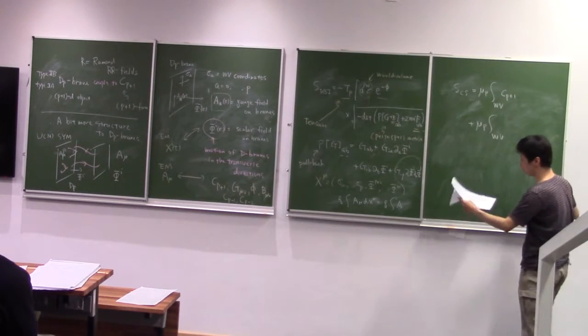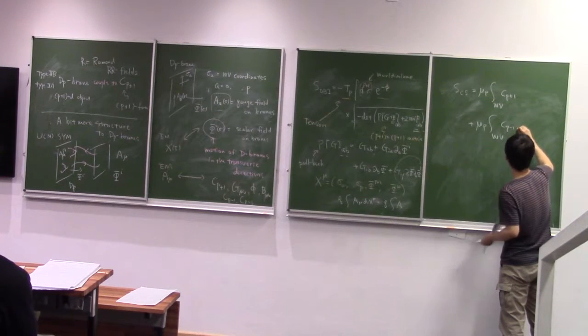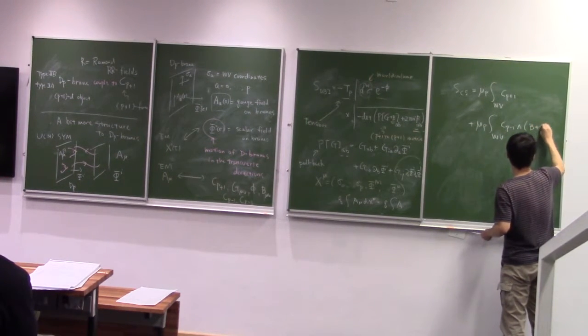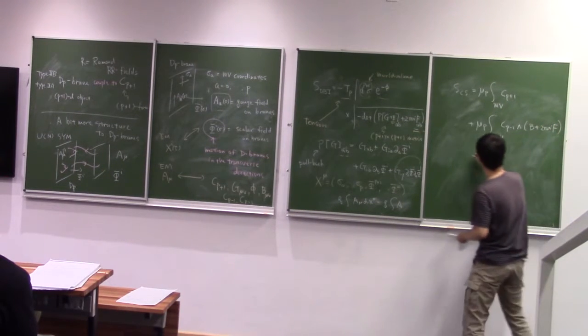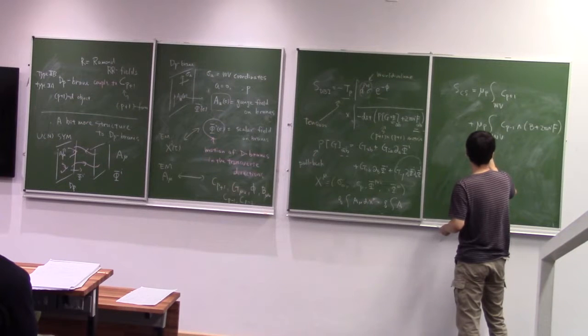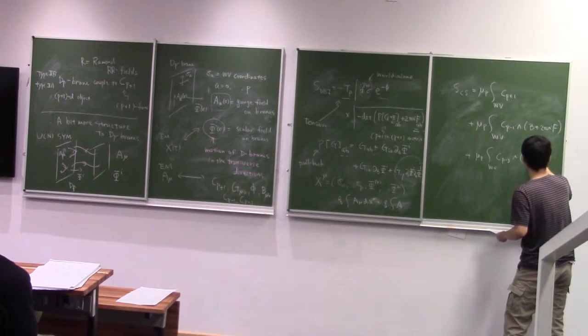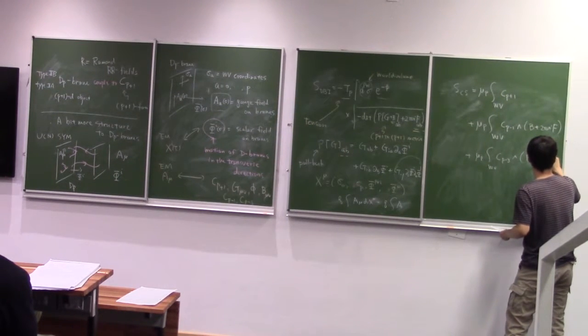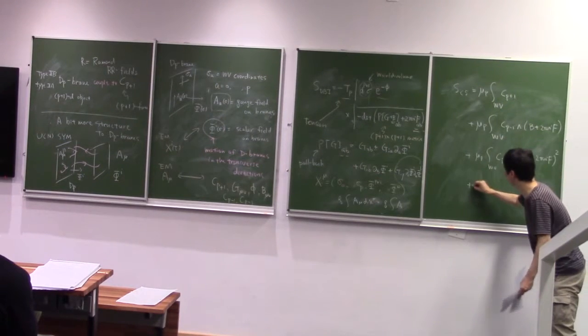So if you have all these forms, p minus 1 with 2 pi alpha prime F, and p minus 3 with 2 pi alpha prime F squared, and so on.